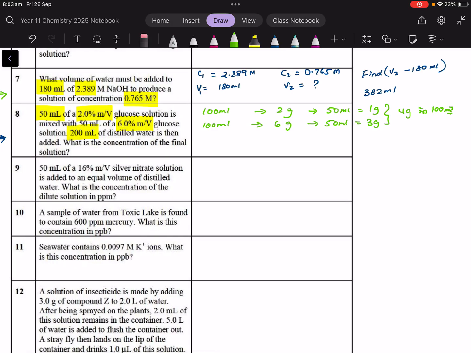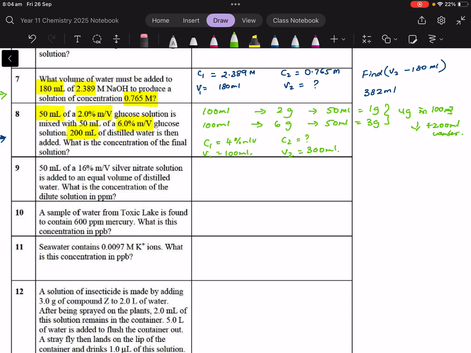Now I'm adding 200 mils of water to this. So my C1 is 4% mass over volume, and my volume is 100 milliliters, and C2 I'm going to find out, and V2 is, I added 200 milliliters, so in total I'll have 300 milliliters.